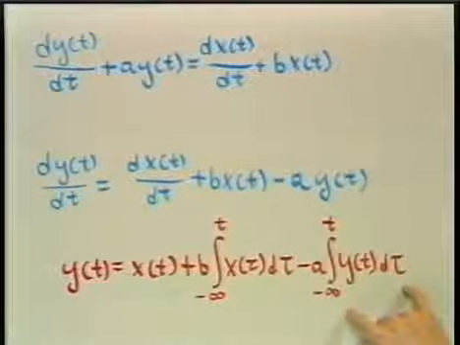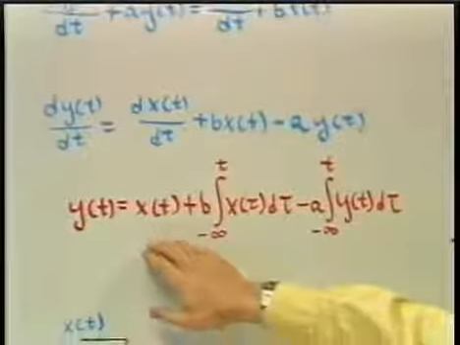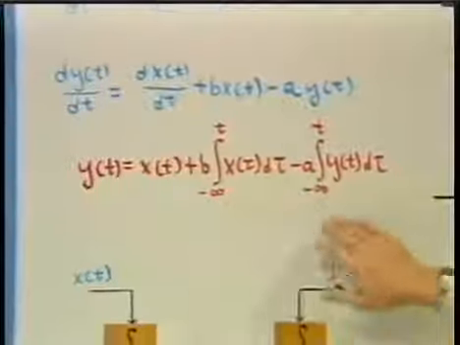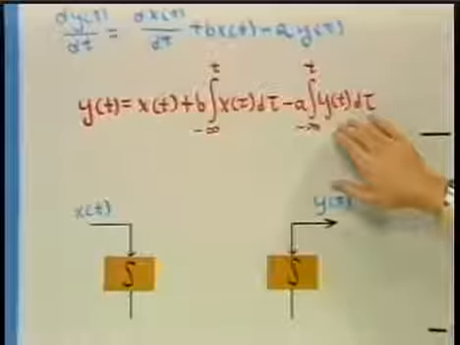So to form the output in the block diagram terms, we form a linear combination of the input, a scaled integral of the input, and a scaled integral of the output, all of that added together.